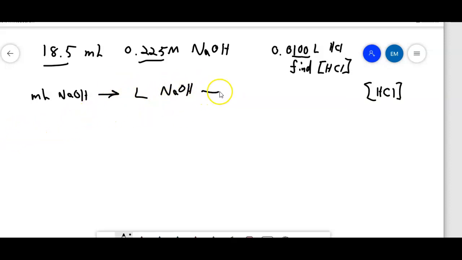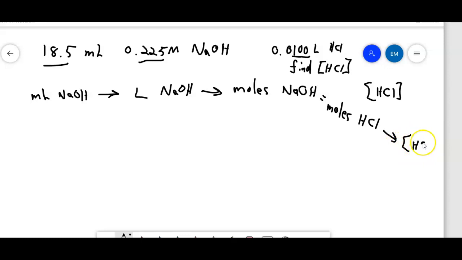Then you go to moles of NaOH. And the moles of NaOH is going to equal, in this case, the moles of HCl. And then from the moles of HCl, you can get to the concentration, because you've got 0.01 liters, and then you'll have what you're looking for.